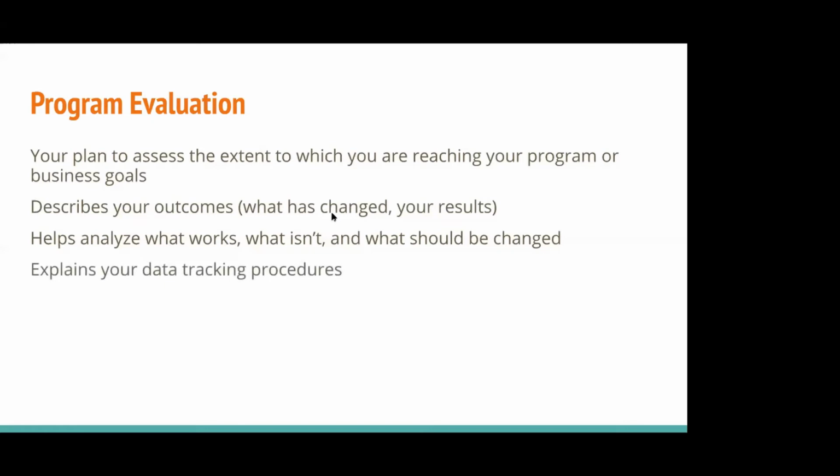Your program evaluation is going to explain how you're going to track your data. And data could be anything and everything. Data is numbers and figures. And hopefully as you go along in your business, you're really thinking about tracking everything that you do. Especially if you want to write a lot of proposals, funders love to hear about data. How many things you've sold, how many people you've employed, all the different types of products that you might have created.